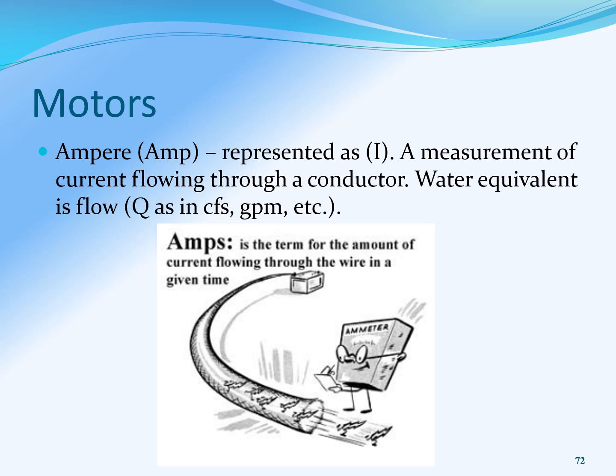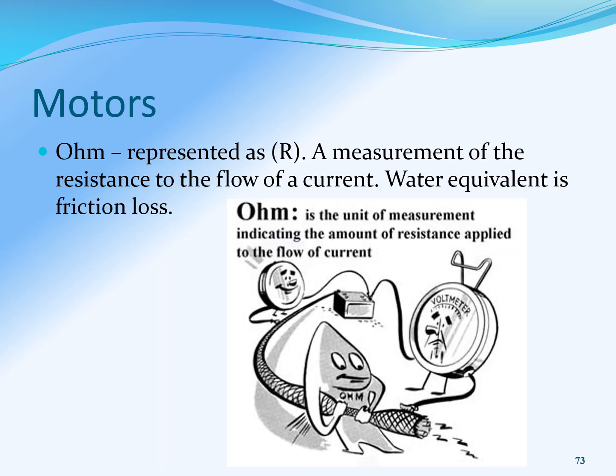This just helps you make sense of these numbers. So you've got amps, the equivalent of flow, represented as I. And lastly, we've got ohms, which will be represented as R, and that is a measurement of resistance.